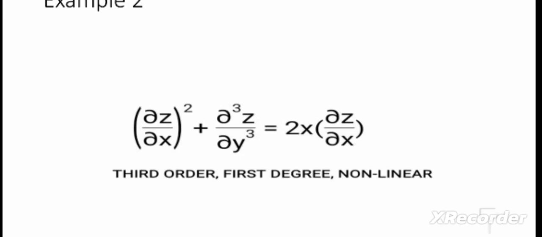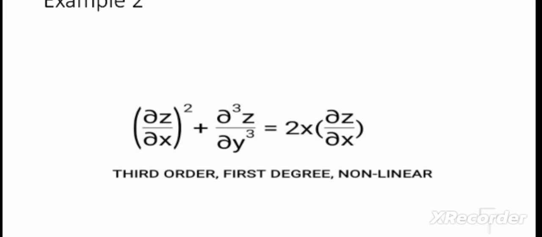And it is also of first degree, because the order of a PDE is defined as the order of the highest partial derivative occurring in the equation. So it is of third order and degree 1, and of course it is clear that it is non-linear.